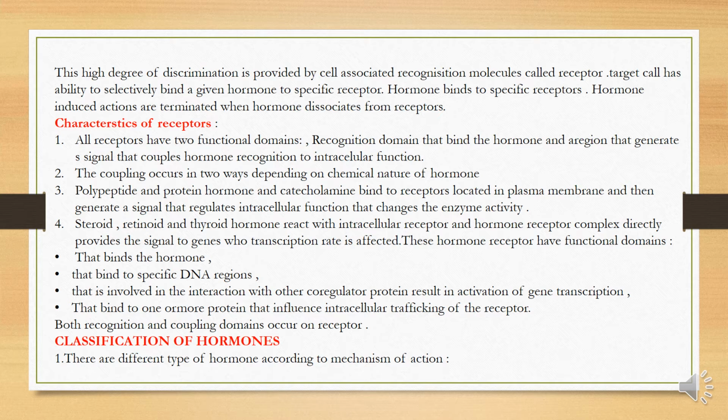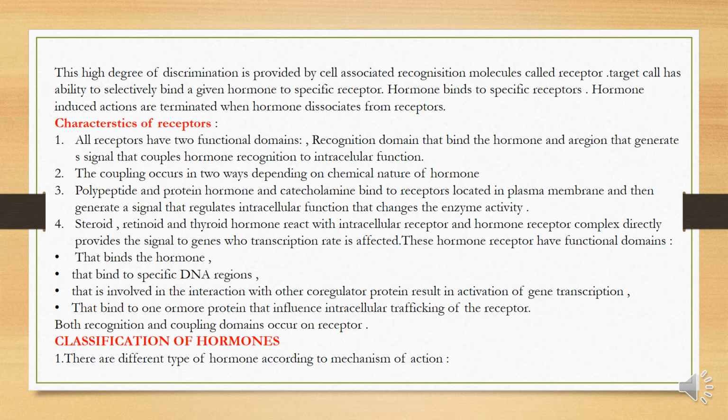These hormone receptors have functional domains that bind the hormone, that bind to a specific DNA region, that interact with other co-regulator proteins resulting in activation of gene transcription, and that bind one or more proteins that influence intracellular trafficking of the receptors. Both recognition and coupling domains occur on the receptor.